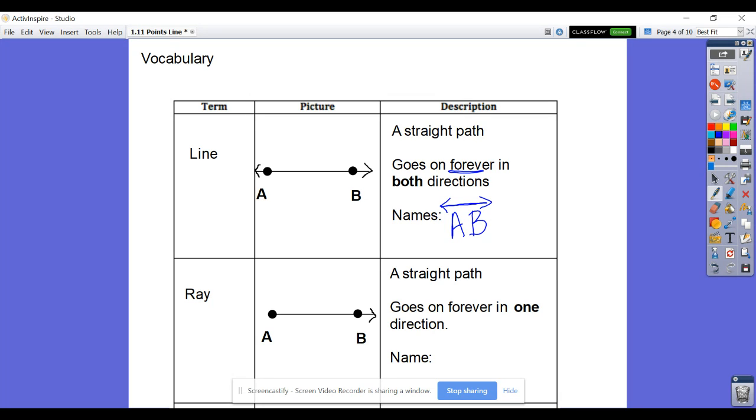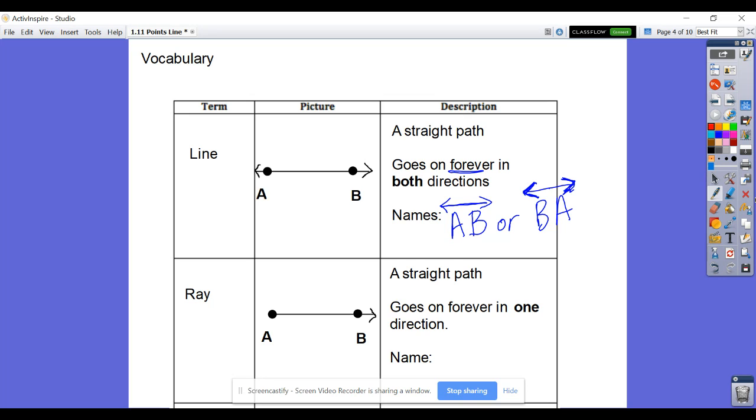The names for a line are AB with a line on the top, or BA, also with a line on the top. If you forget this notation, this symbol of the line with the arrows, it's incorrect. Mathematicians are very picky about their notation, and they want you to have this way. I read this as line BA, and I know it's true.